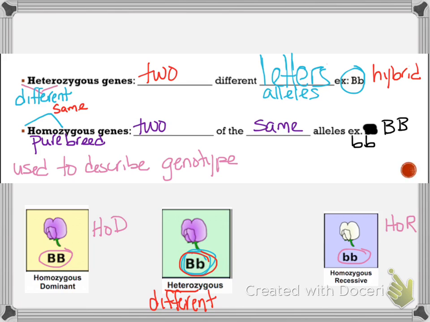And so if you were talking about a genotype, we would say that it is homozygous dominant if it's capital B. We would say it's heterozygous if it's a capital and a lowercase. And we would say it's homozygous recessive if it's two lowercase letters. And because of those terms, that would tell you what you would physically see. So you need to learn these terms.